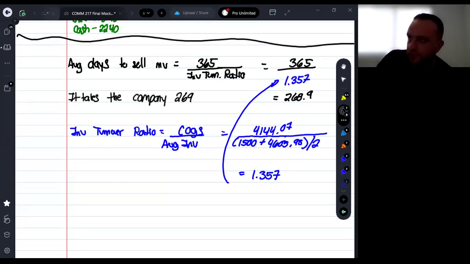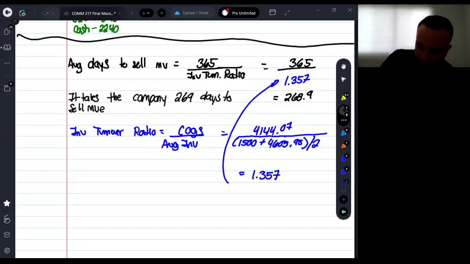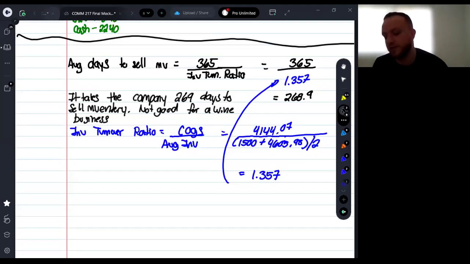So it takes the company 269 days to sell inventory. This is not good for a wine business. Right? If these guys were Bombardier selling planes, fine.